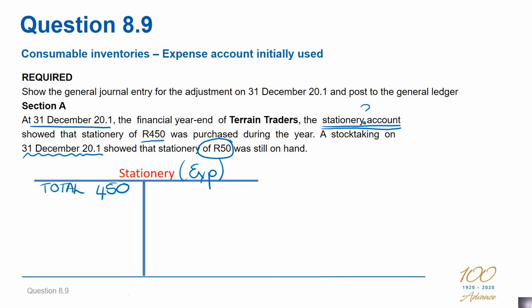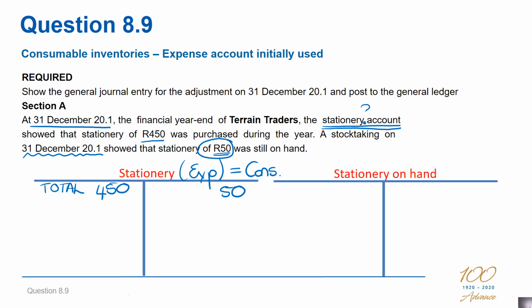Remember, an expense account equals consumption. So I need to show them in this expense account the stationery that I've consumed during the year. But they tell me 50 Rand of this 450 has not yet been consumed. So I will have to credit the stationery account with the 50 Rand.